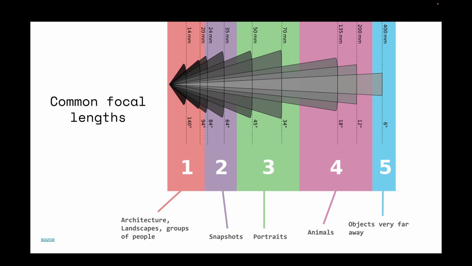So here you can see a common focal length chart, and with the associated subject matter that goes with each group of focal lengths. These aren't necessarily hard and fast rules, they're just kind of common things you might see.